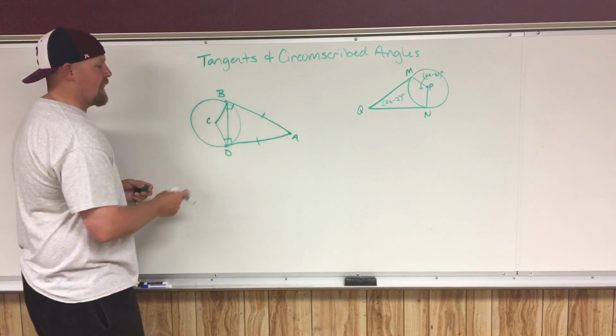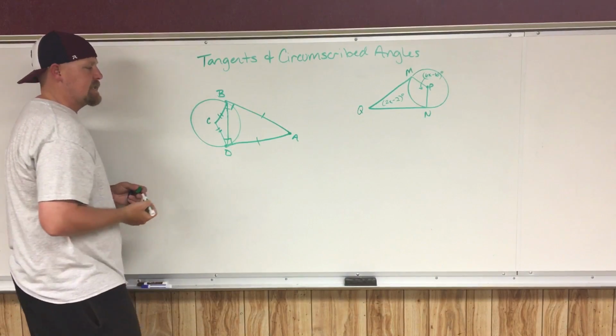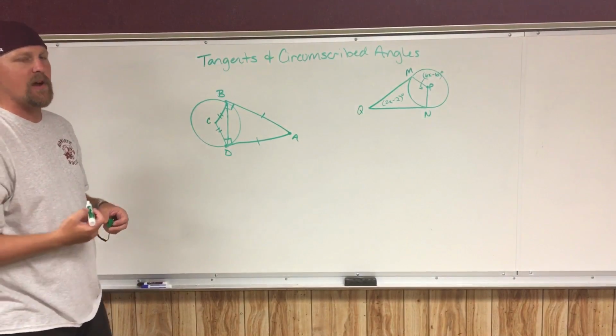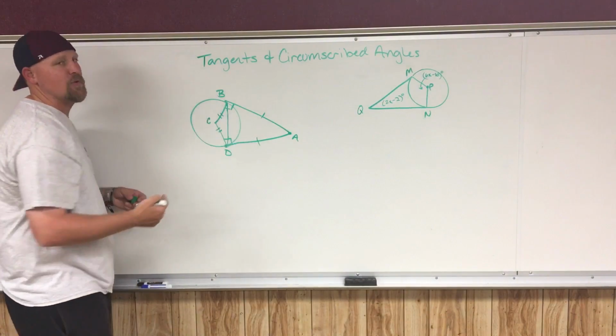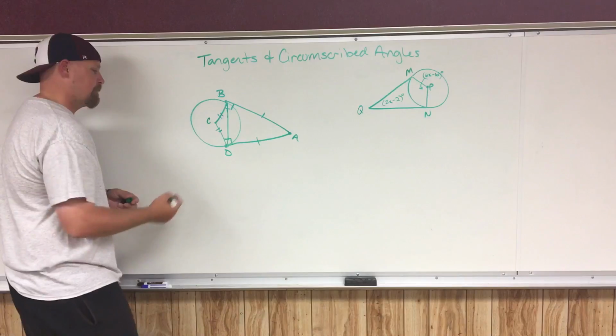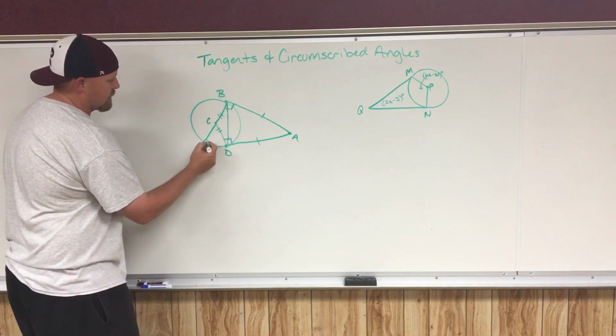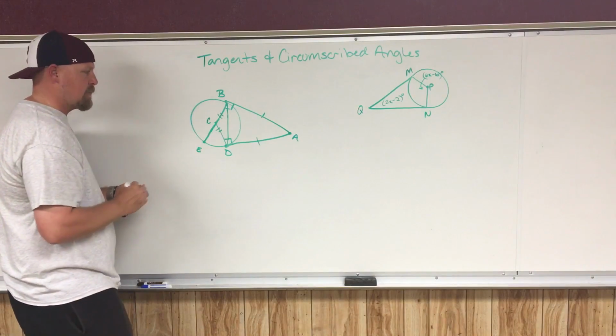The nice thing about this picture is that this CBD is also an isosceles triangle, because the radiuses, or the radii, if you want to be particular, are equal.